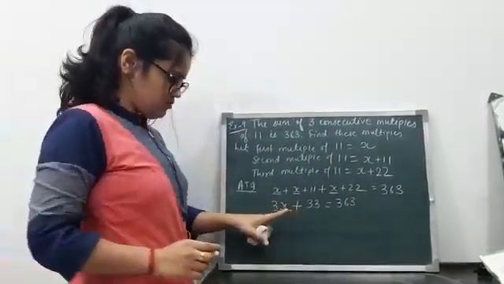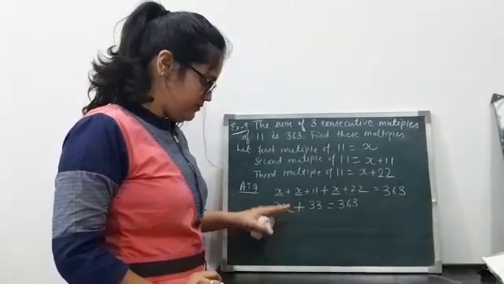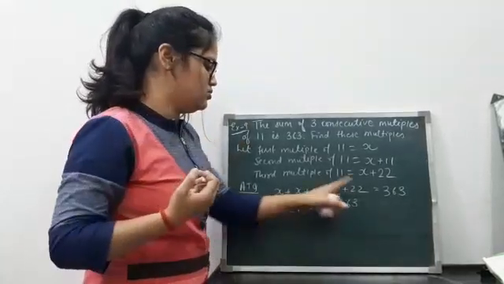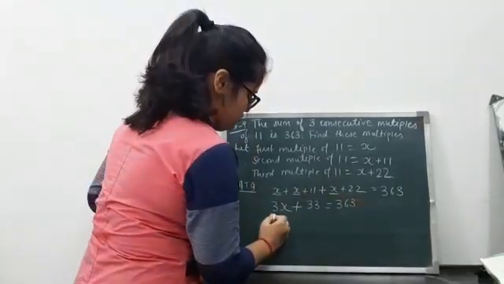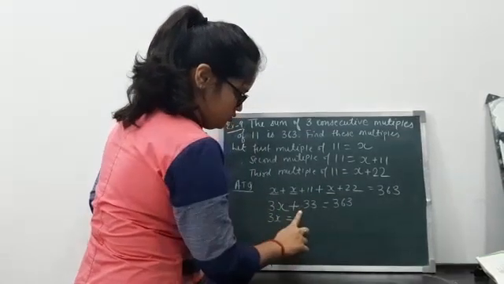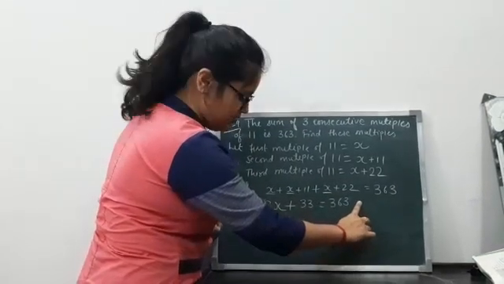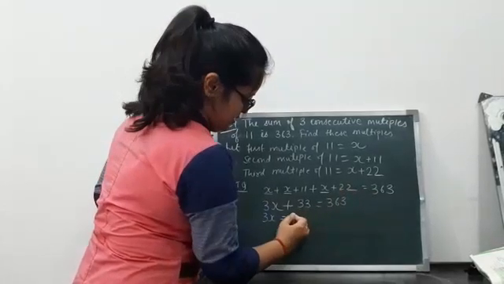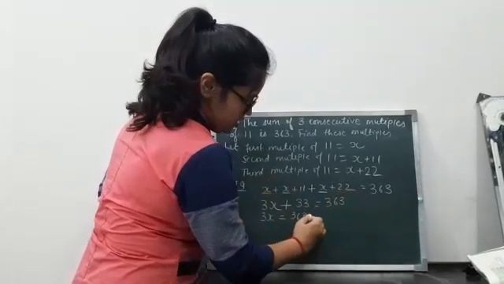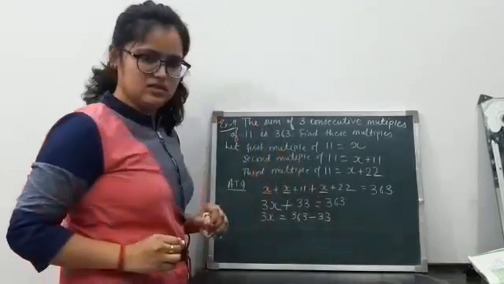Now we need the value of x. So take the constant terms to the right hand side. 3x is equal to 363, and plus 33 will become minus 33 when shifted to the right hand side. 363 minus 33.